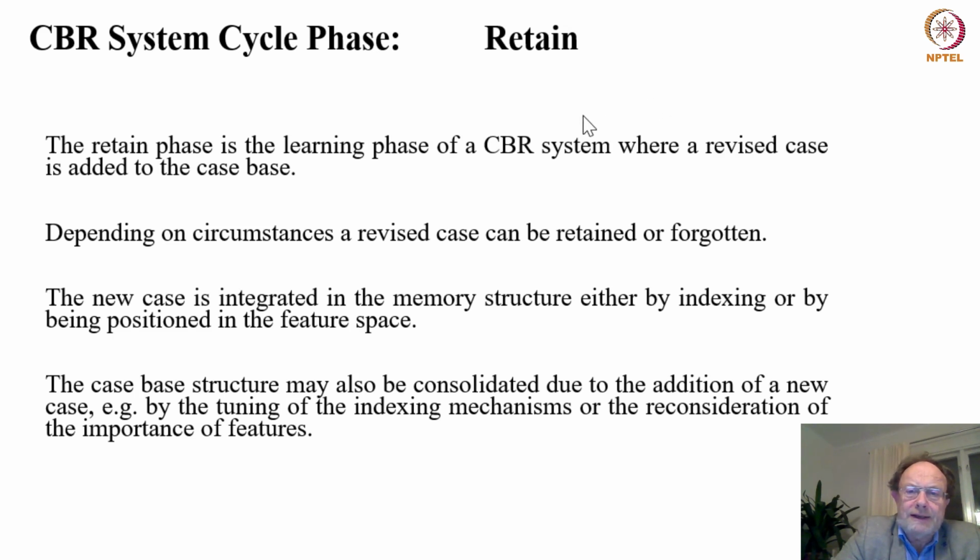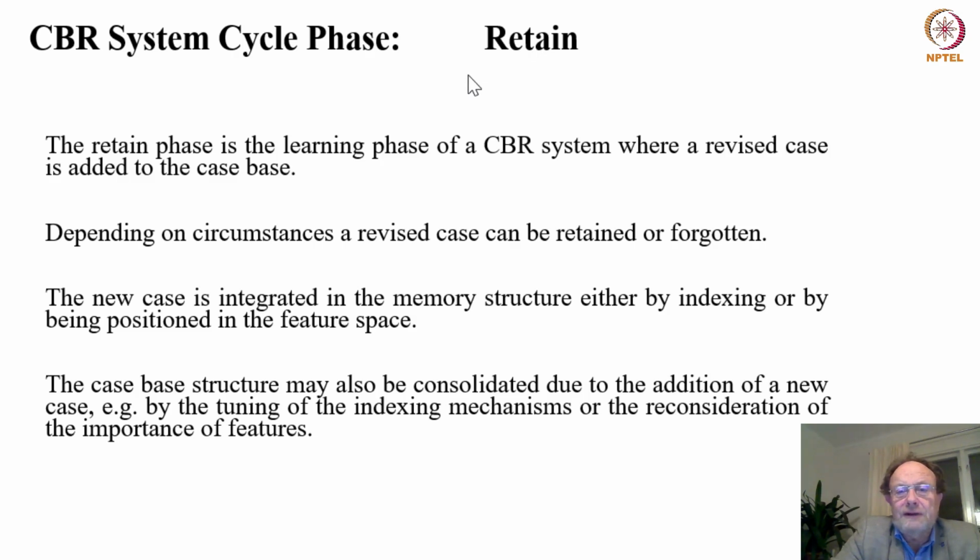Actually, when we look back, we can say that if we talk about learning in this kind of system, there are two phases that are more relevant. On one hand, it's relevant to talk about learning in the revise phase, because there you actually create something new based on the experience from the new case, and then, more technically, to integrate this new thing into the existing memory structure in the retain phase.